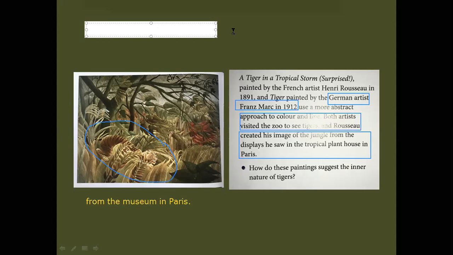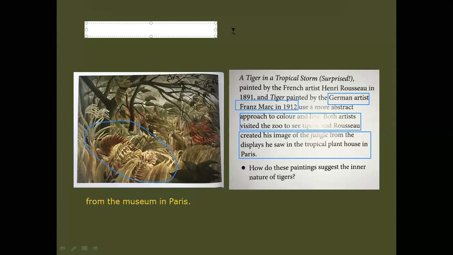How can you see this tiger is scared or in a surprised position? Based on what? Do you see anything attacking it? No. Look at the picture itself, the tropical plants and trees. What kind of movement can you think of?